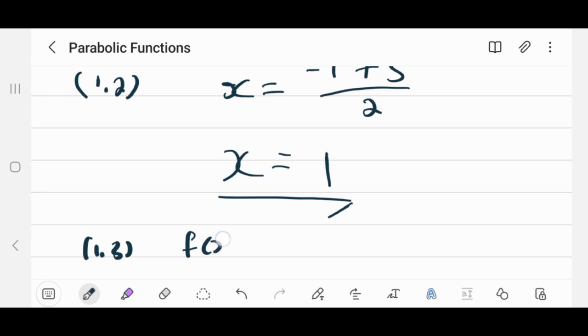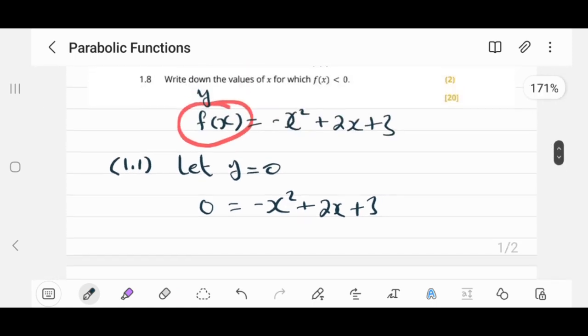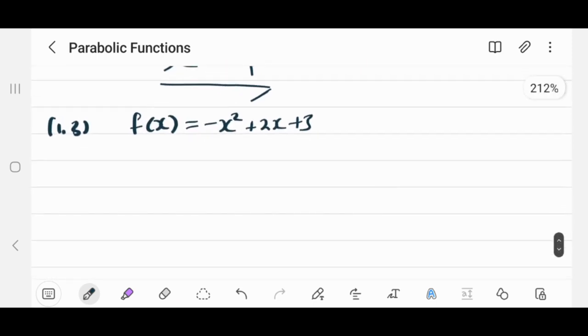We have f of x equals -x² plus 2x plus 3, isn't it? -x² plus 2x plus 3. Now I'm looking for when the x value is 1. I put 1 in place of x. So wherever I see x, I'm going to put 1.